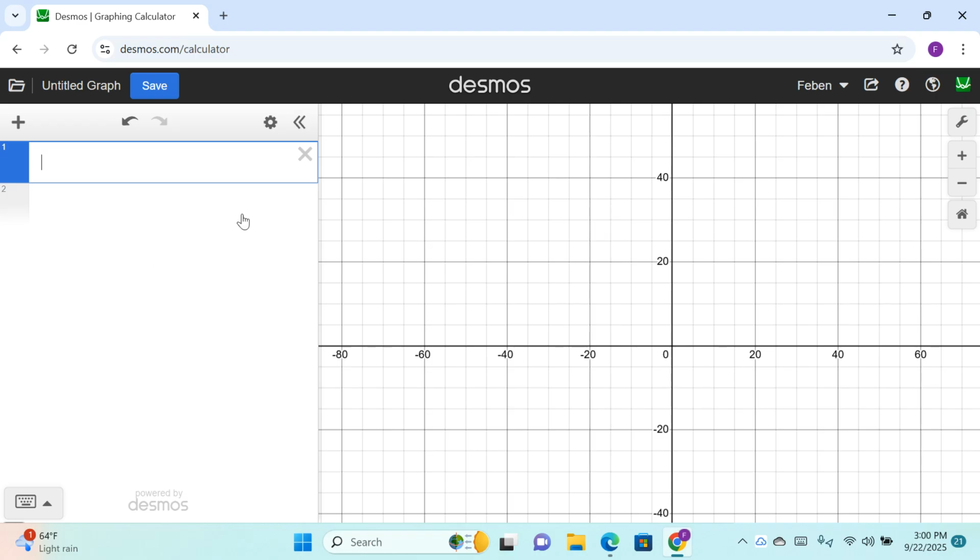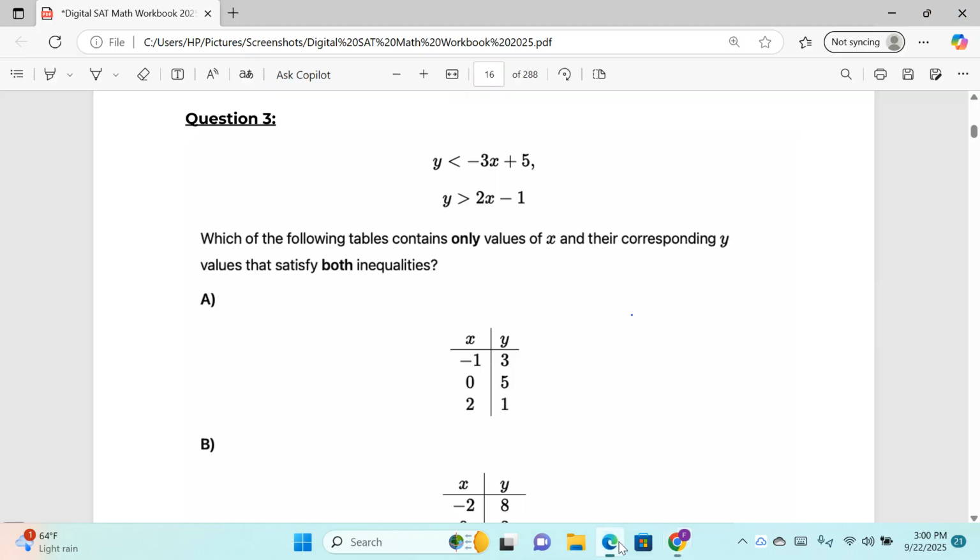So now we can plug in our equations. This is the Desmos calculator.